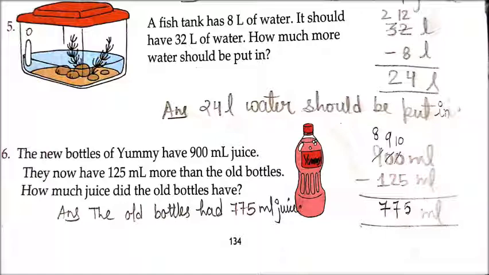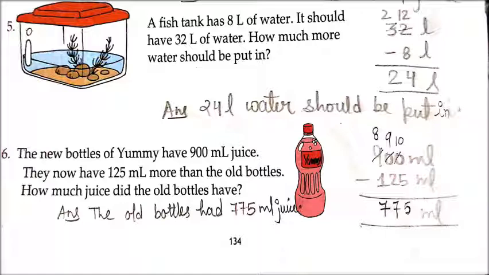So we borrow from tens place. But children, you will see that at tens place also 0 is there. So we borrow from the hundreds place. Okay. So when we borrow, children, one value, so 0 will become 10. Now we can subtract 5 from 10. So 10 minus 5 is 5. So we write 5 here.